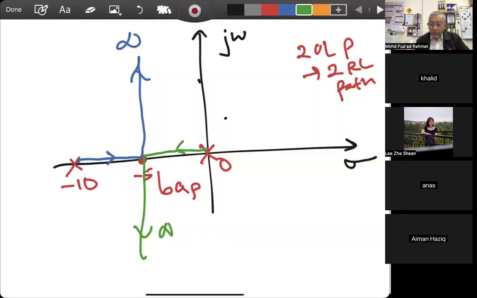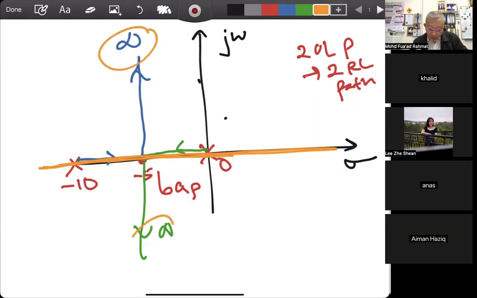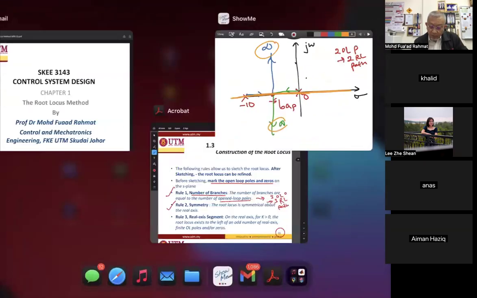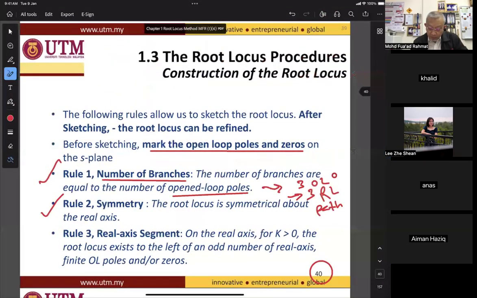So the meaning of symmetrical is, if we flip this S-plane on the real axis, this blue line and the green line will touch together after the flip. So that is the meaning of symmetrical on the real axis.